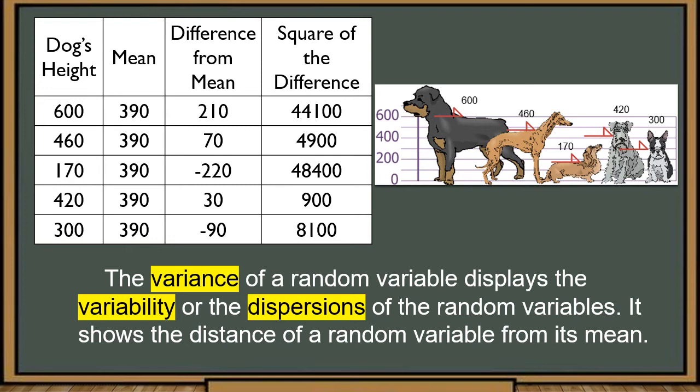So variance also tells us the dispersion, or the variability, the difference of each height of the dog. So it also shows the distance of a random variable from its mean.